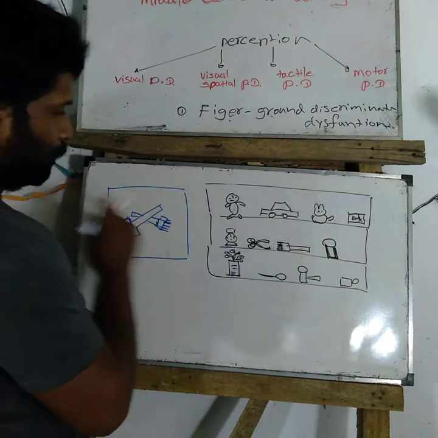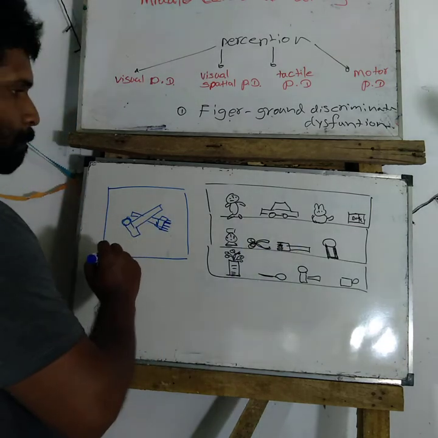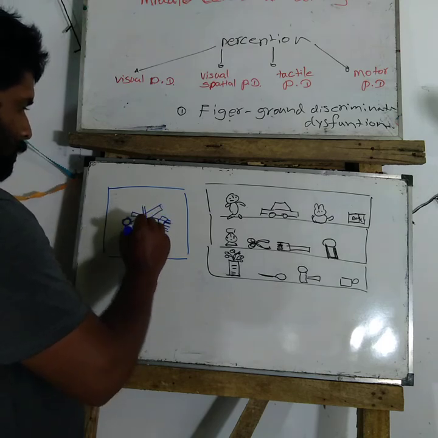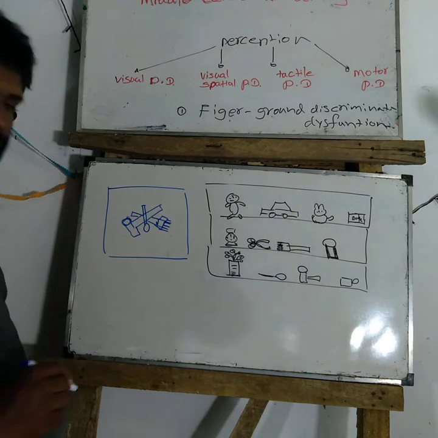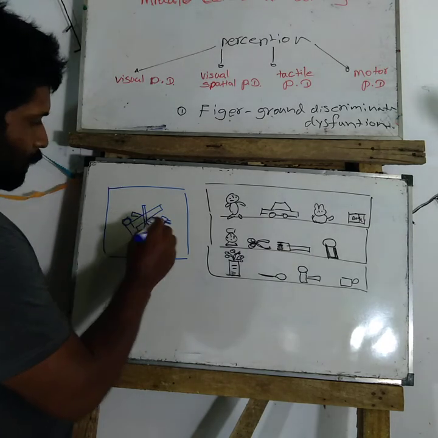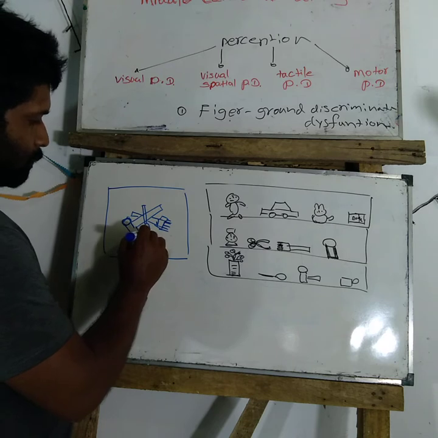This is the paintbrush, and this is the spoon, and scissor also here.